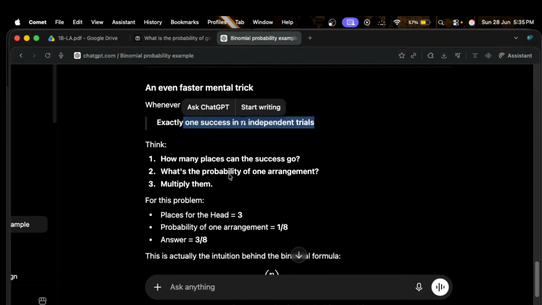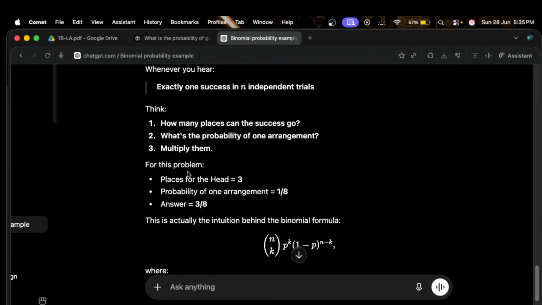Think how many places can the success go? What's the probability of one arrangement? And multiply them. For this problem, the places for head were 3, and the probability of one arrangement was this.